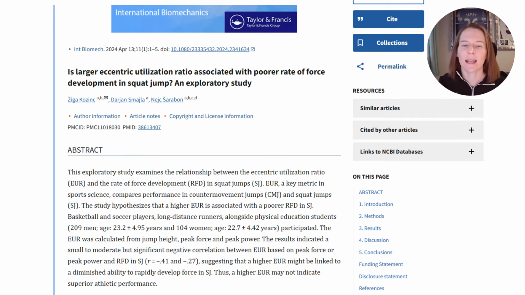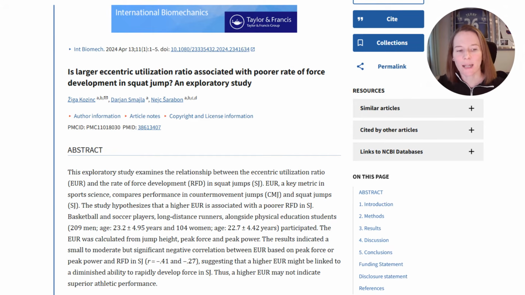The eccentric utilization ratio seems to not have too much discussion and attention in recent times, but there are two papers that I want to talk about briefly here. Firstly, this exploratory study from 2024, which discussed the potential relationship between the eccentric utilization ratio and a poorer rate of force development in the squat jump.